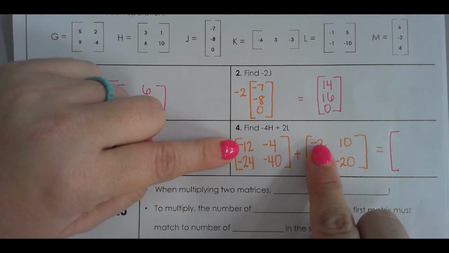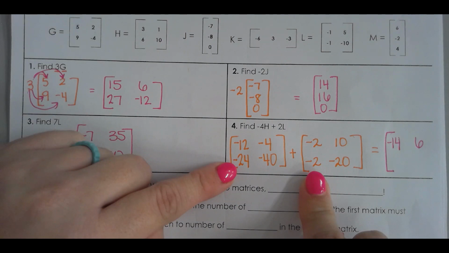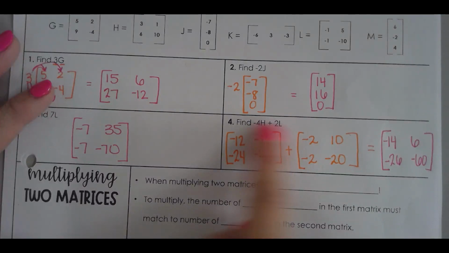Type that in your calculator and you get negative 14. Negative 4 plus 10, 6, positive 6. Negative 26. Negative 40 plus negative 20, negative 60. Good. Yep. You can do this whole problem in your calculator.